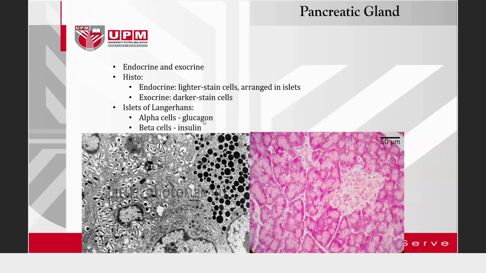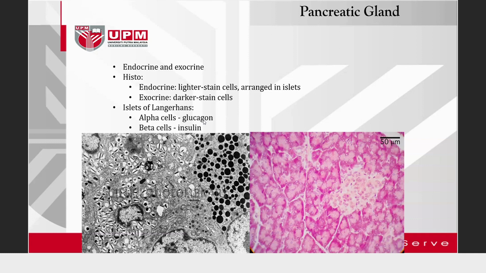That colloid is part of the inactive hormone. The cells will take up the colloid to turn it into an active, usable hormone before they secrete it into the blood vessel.